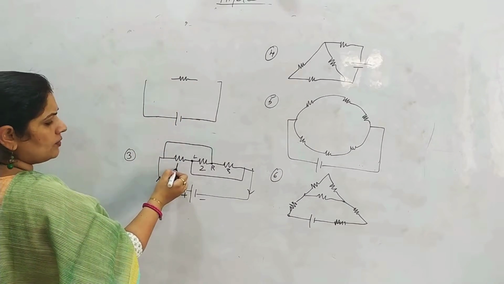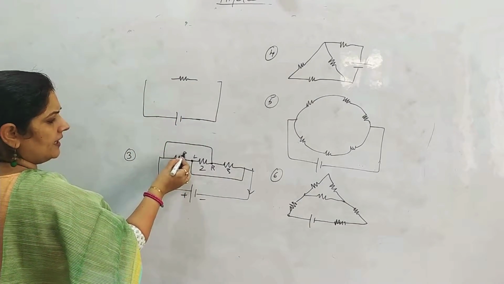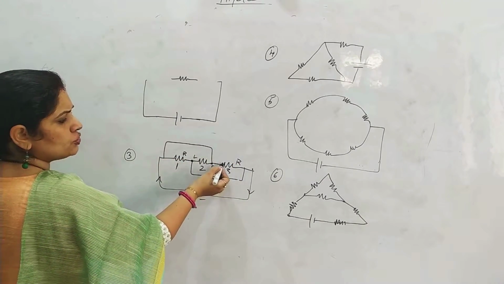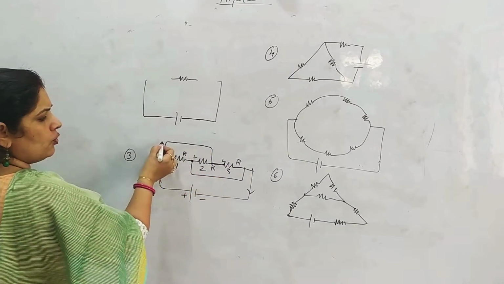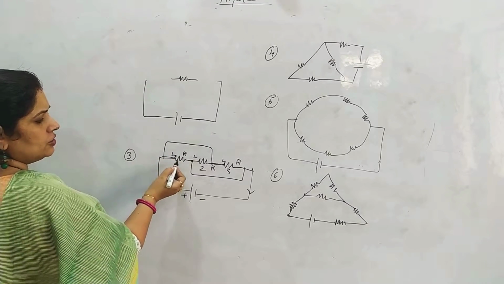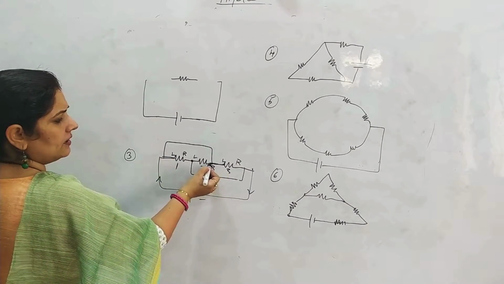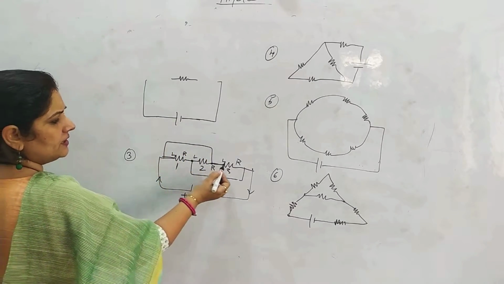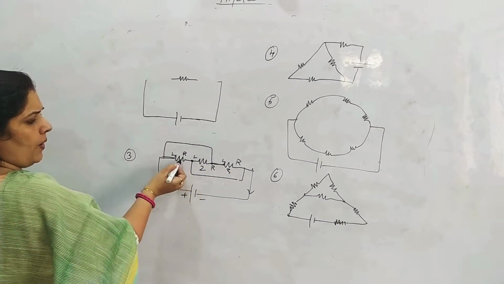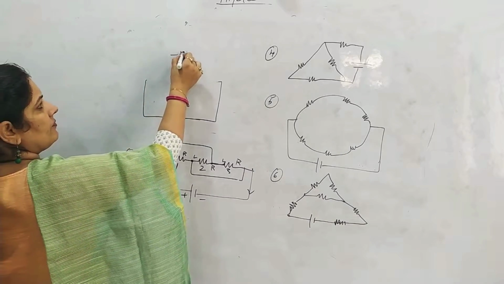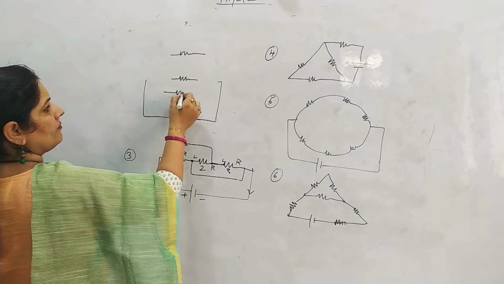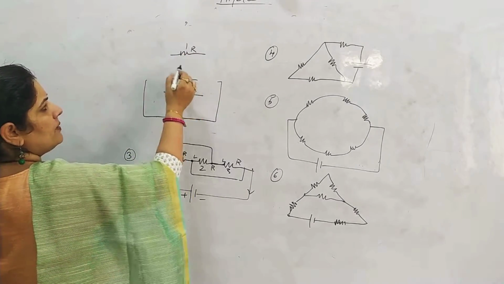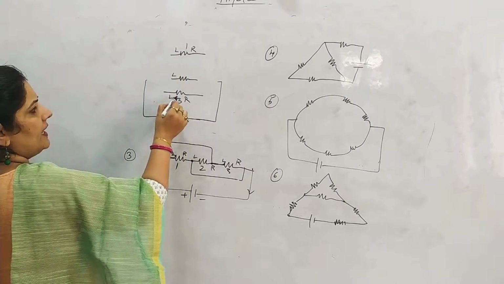The right of 1 is meeting the right of 3, and the left of 3 is meeting the left of 1. The right of both 1 and 3 are meeting at one point, and the left of both are meeting at one point.